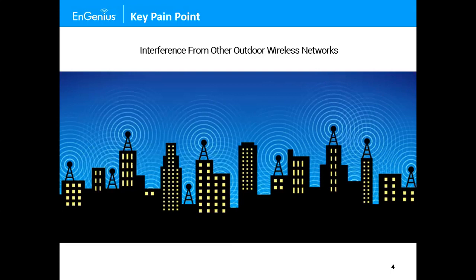For outdoor wireless, interference can come from physical obstacles, for example trees or buildings, or any other outdoor wireless appliance.